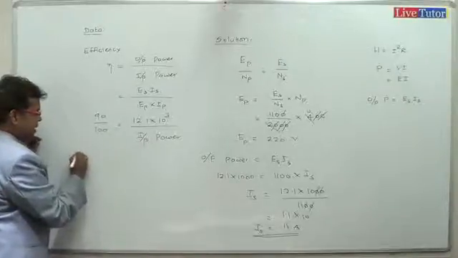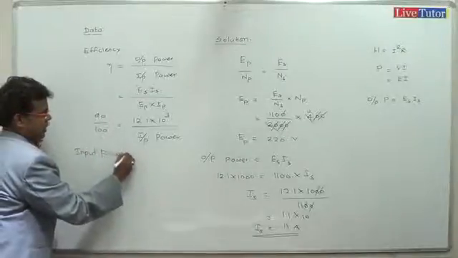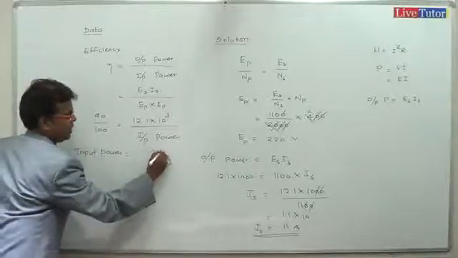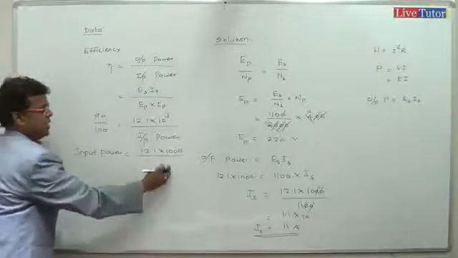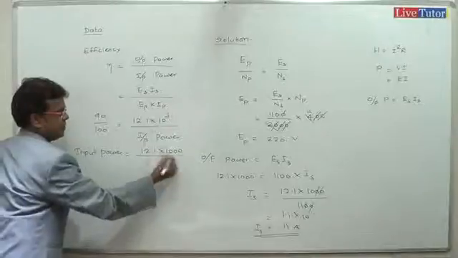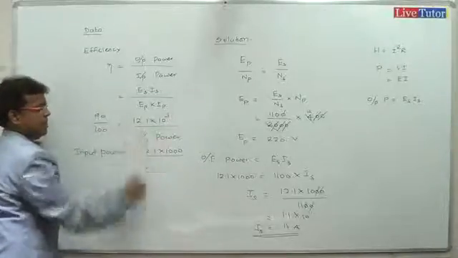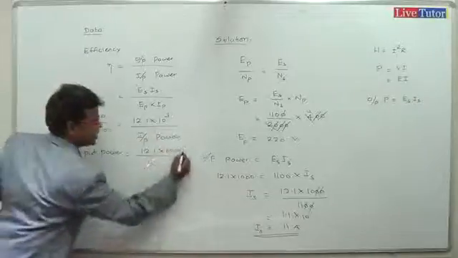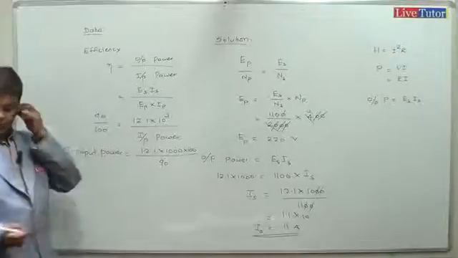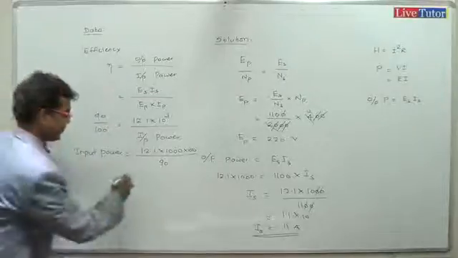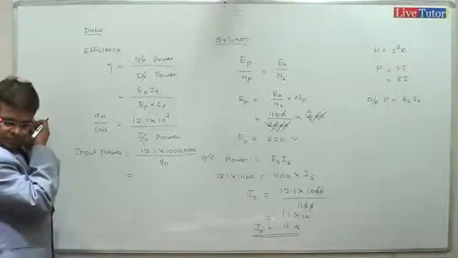Now I can say input power is equal to 12.1 into 1000 by 90 by 100. If it comes here, 90 by 100 will become 100 by 90. So I will write this as 100 by 90. Okay. Now how much is that? Calculate quickly.